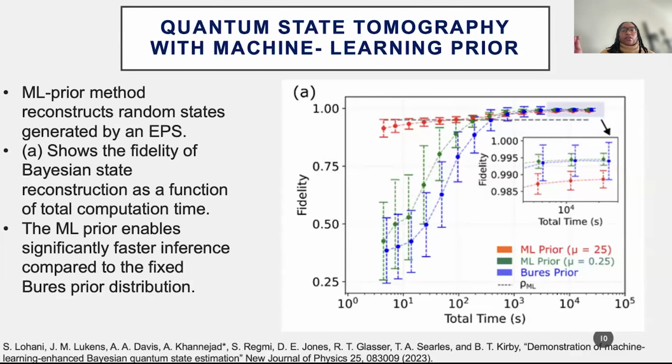We found this is due to the machine learning prior being overly biased towards the experimental ground truth. So we add in the green curve, which is added in at a reduced bias, which ultimately outperforms the BRS prior at long computation times, but reduces the initial reconstruction fidelity compared to the red curve.